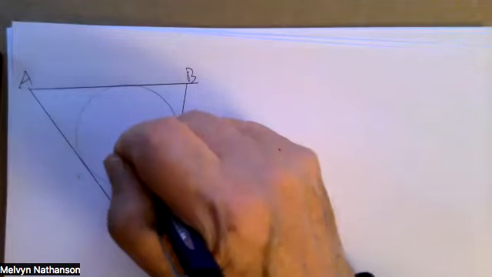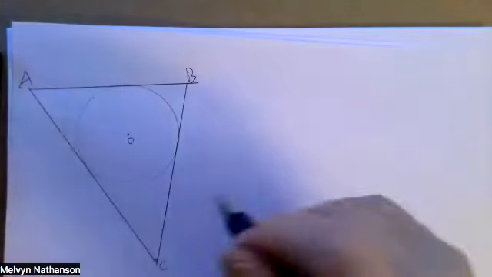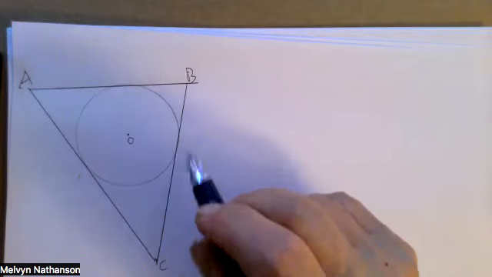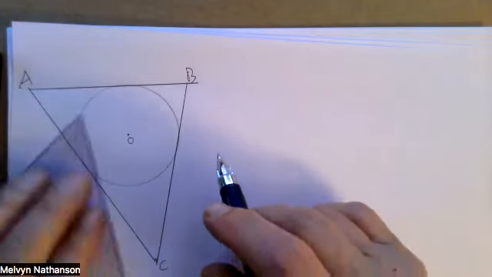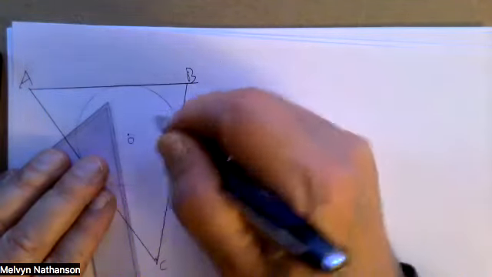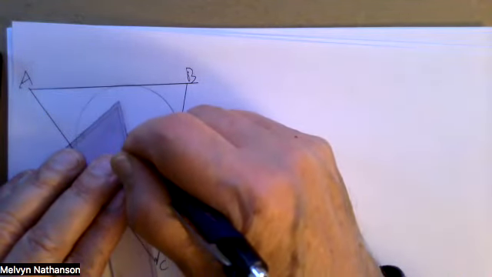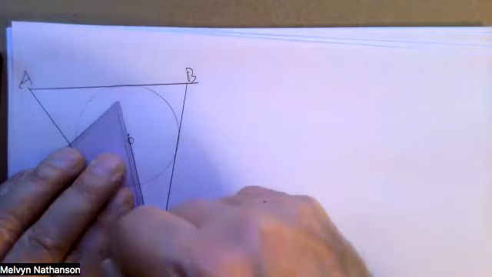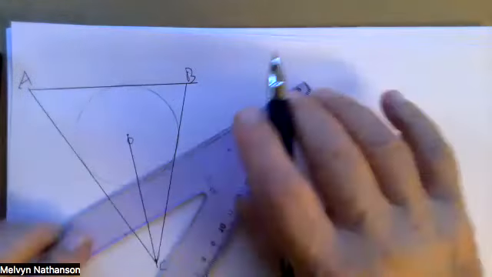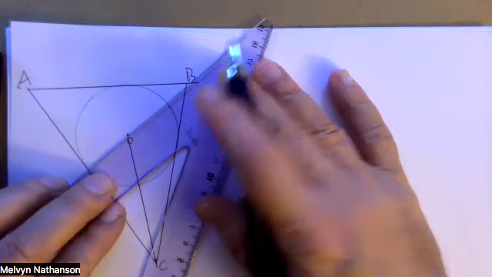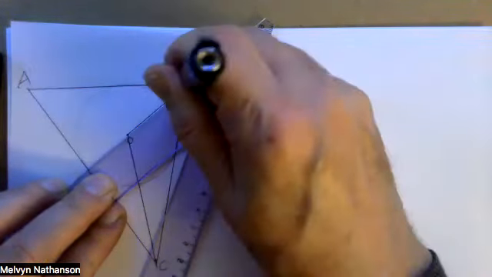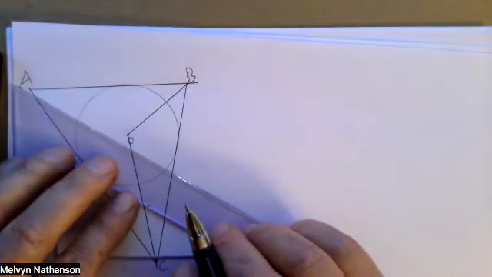So let me call this A, B, C. And here I have a triangle ABC and an inscribed circle. And from the center of the circle, this is the incenter, I draw lines to the three vertices of the triangle.